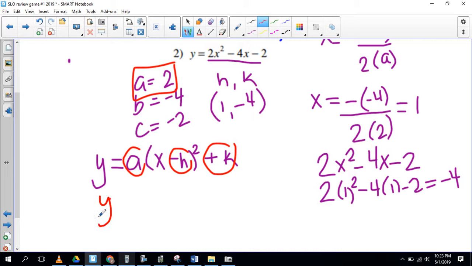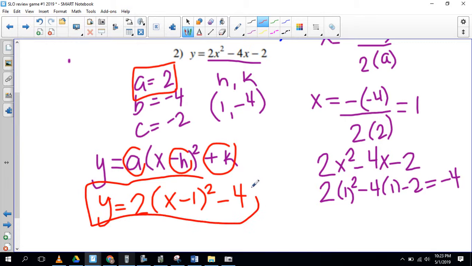So y equals 2 parentheses x. And then my h was 1, but I had to change the sign. It was a positive 1. And there becomes a -1 squared. And then my k is -4. Okay, so this is my final answer. So stop the video and complete the rest of them.